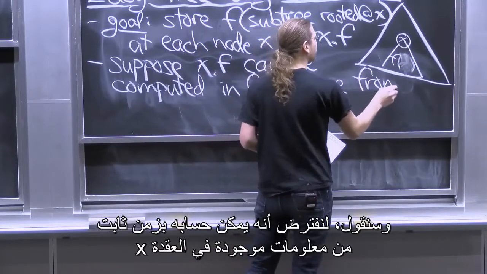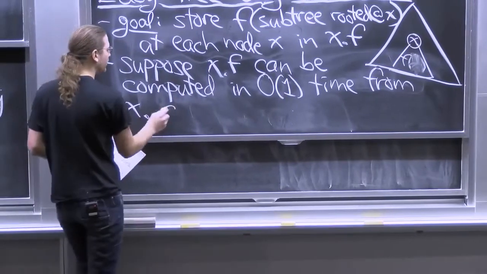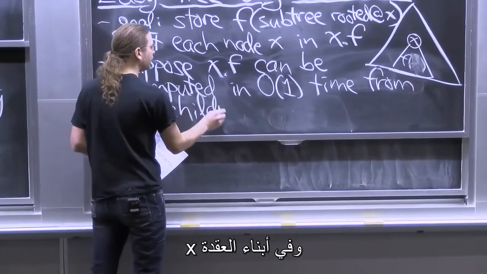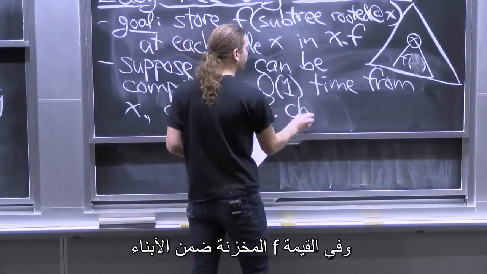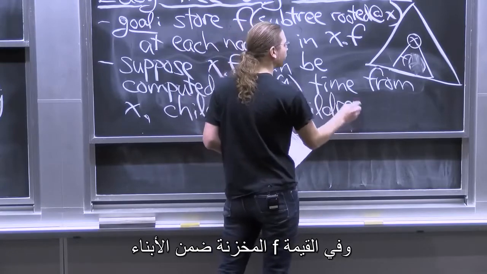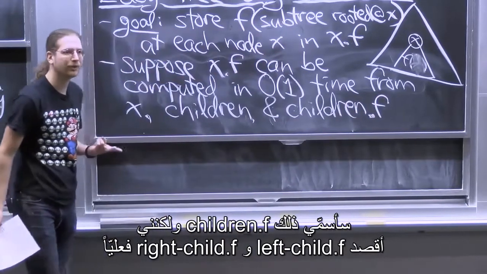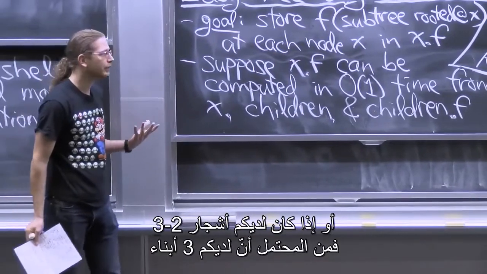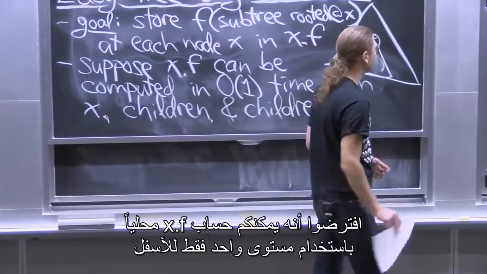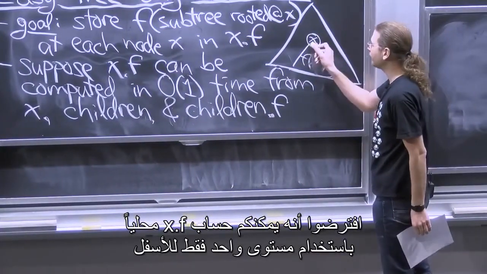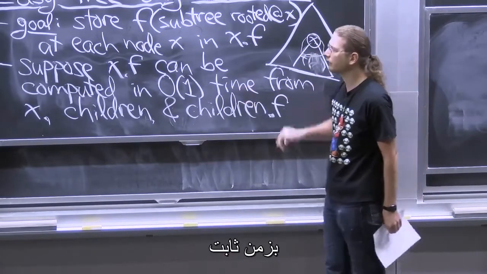And let's suppose it can be computed in constant time from information in the node x, from x's children, and from the f value that's stored in the children. So I'll call that children.f, but really I mean left child.f, right child.f, or if you have a 2-3 tree, you have 3 children potentially, and the .f of each of them. Okay, so suppose that you can compute x.f sort of locally just using one level down in constant time.